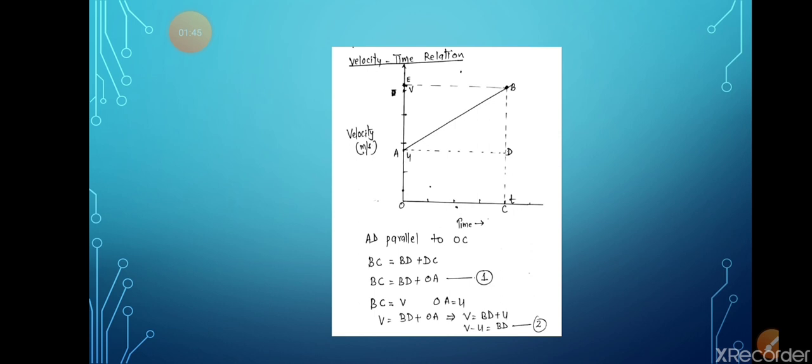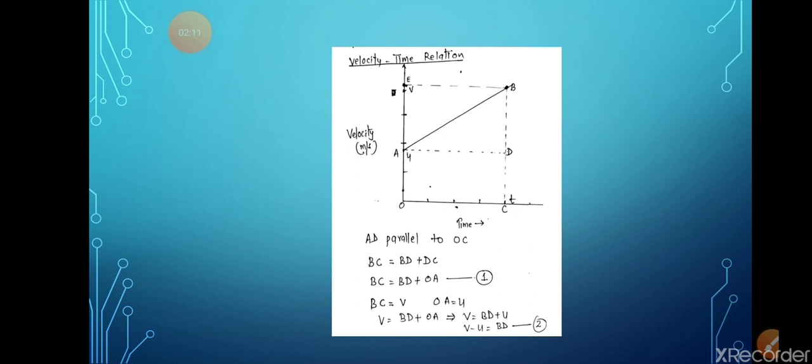The particle is moving with some initial velocity, and in time t its velocity becomes v. So u and v are the initial and final velocity, and t is time. The graph is O to A to B, a straight line, accelerated motion.